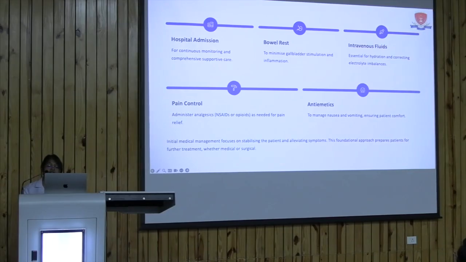Intravenous fluids are essential for hydration and correcting electrolyte imbalances, preferably crystalloids such as Ringer lactate or normal saline. Pain control is administered by analgesics such as non-steroidal anti-inflammatory drugs or opioids as needed for patient relief. Anti-emesis is achieved by nasogastric tube to manage nausea and vomiting, ensuring patient comfort.